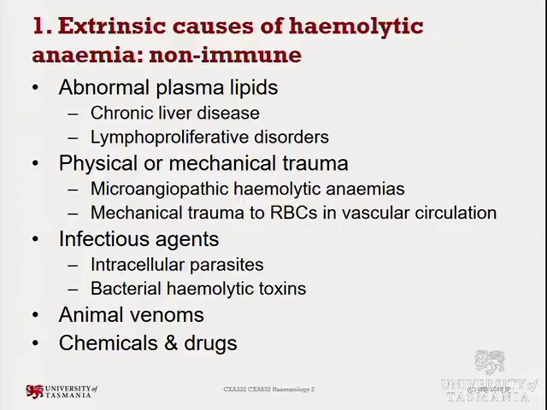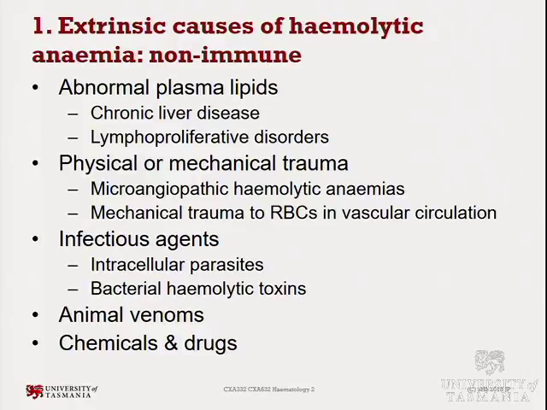And the other, of course, is lymphoproliferative disorders because we can have hypergammaglobulinemia, which is caused by one of our lymphoproliferative disorders, that's multiple myeloma or plasma cell myeloma. So we'll be learning about those in the second half of semester. So these abnormal plasma lipids can cause hemolytic anemia because they produce more fragile red cells.